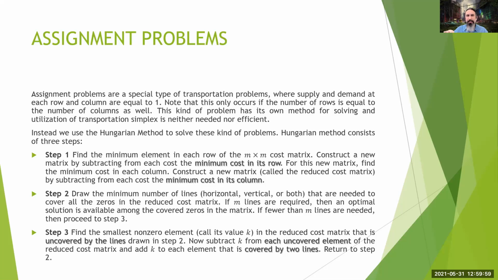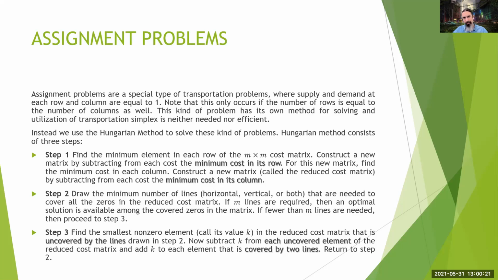Now, if it's not equal to the number of rows, then you need more lines. To be able to find them, you check whatever is left with whatever value that is not drawn by a line, and find its minimum value, and take that minimum value and subtract it from everything that was not drawn once again.